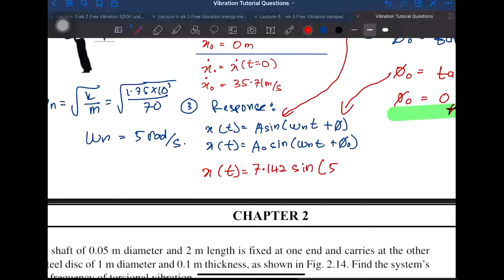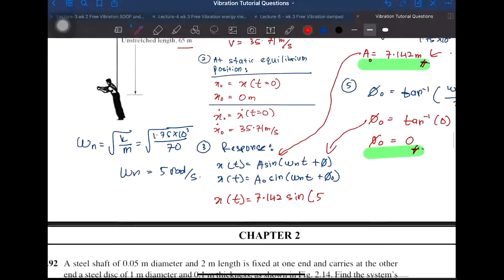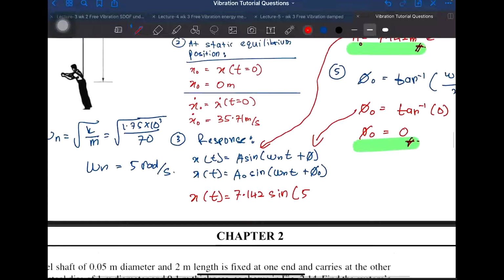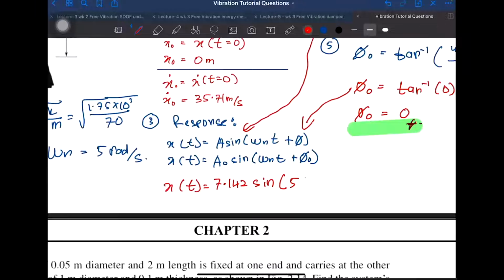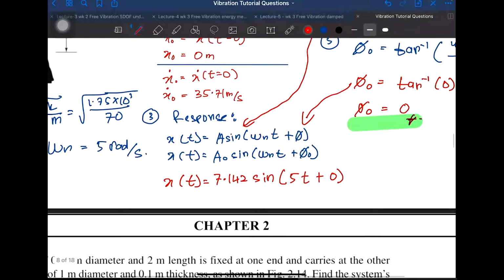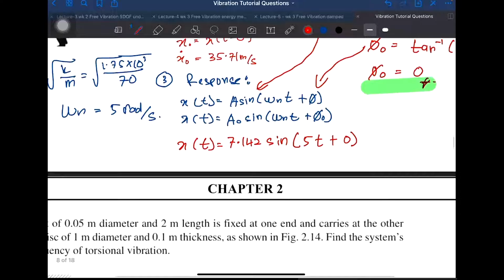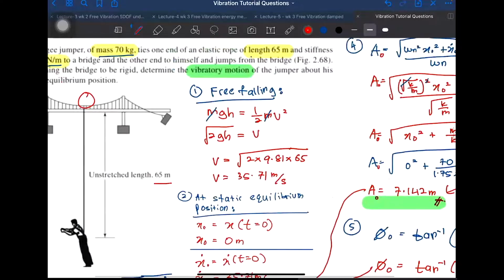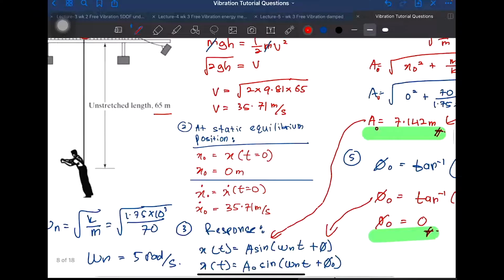So I'm going to continue. This will be 5, and the t is 5t first, plus the phi, which is 0. That's it. You don't have to put the 0, so it can be 5t.